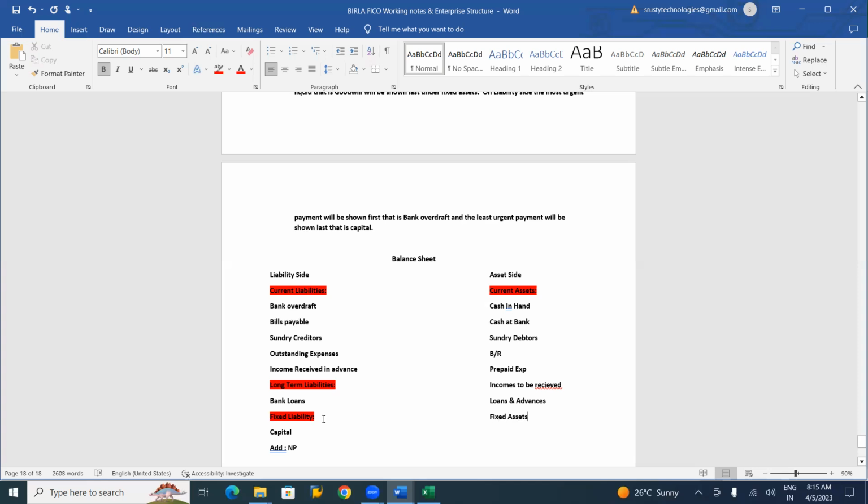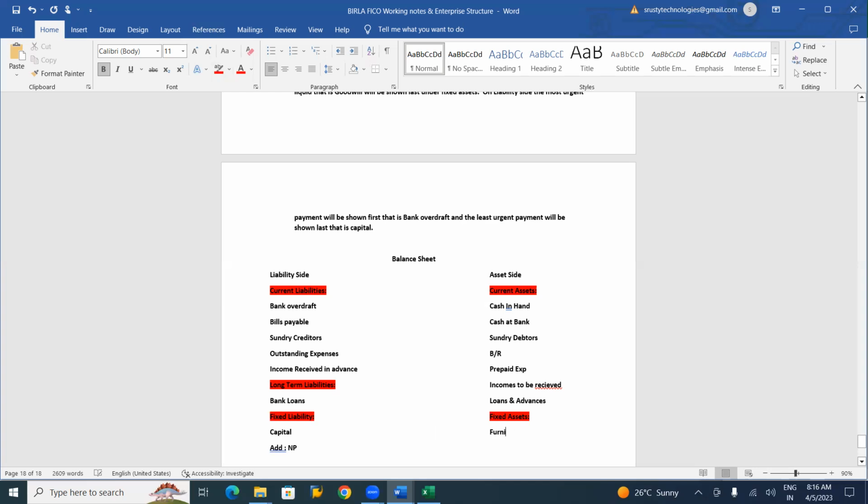Fixed assets. Under fixed assets, the first item would be, for example, furniture.